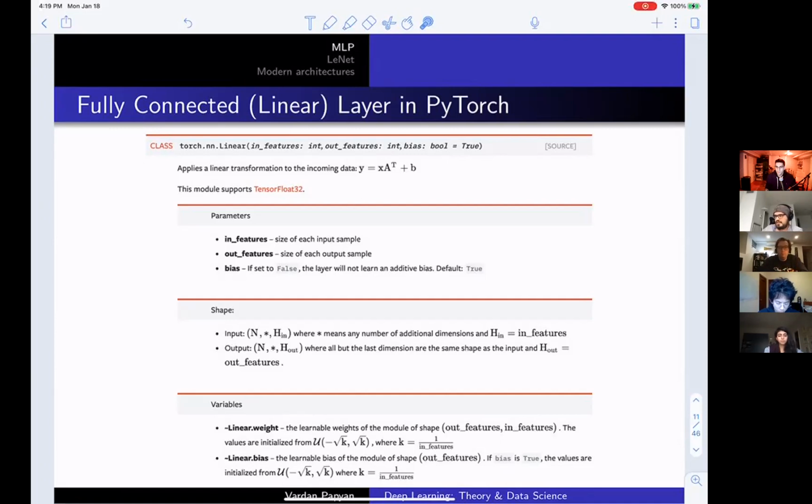Basically, it's a function that obtains as input the number of input features and the number of output features. So in simple words, you have W, which is of size input features times output features. And all you have to specify is how many input features and how many output features you have. There are some more details, but I don't think they're very important at this point.